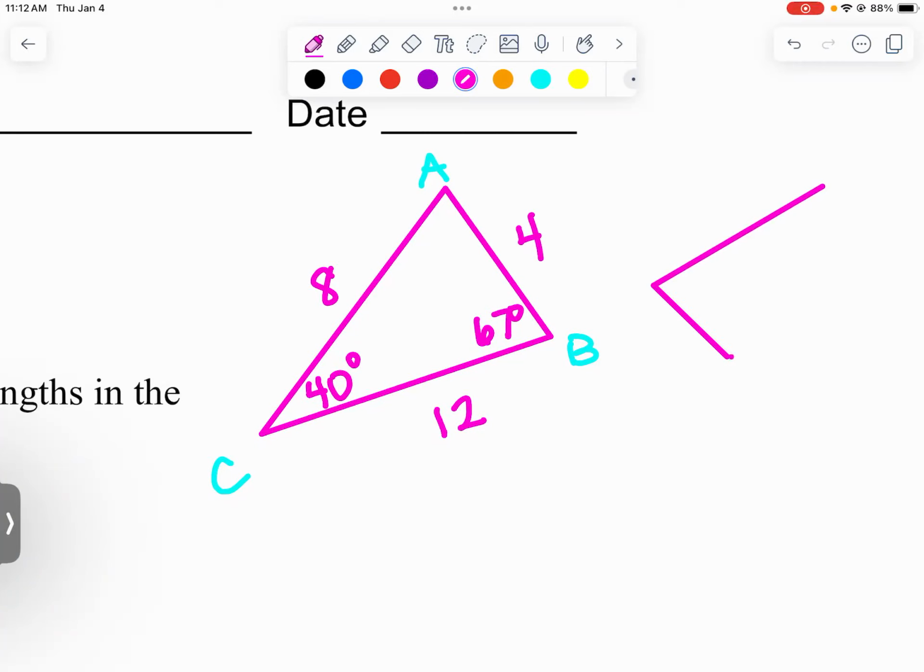So let's talk about the Pythagorean theorem. When's the only time we can use it? Okay. So if we have a right triangle, yeah, or a leg, then we could use it. But are either of these right triangles right now?